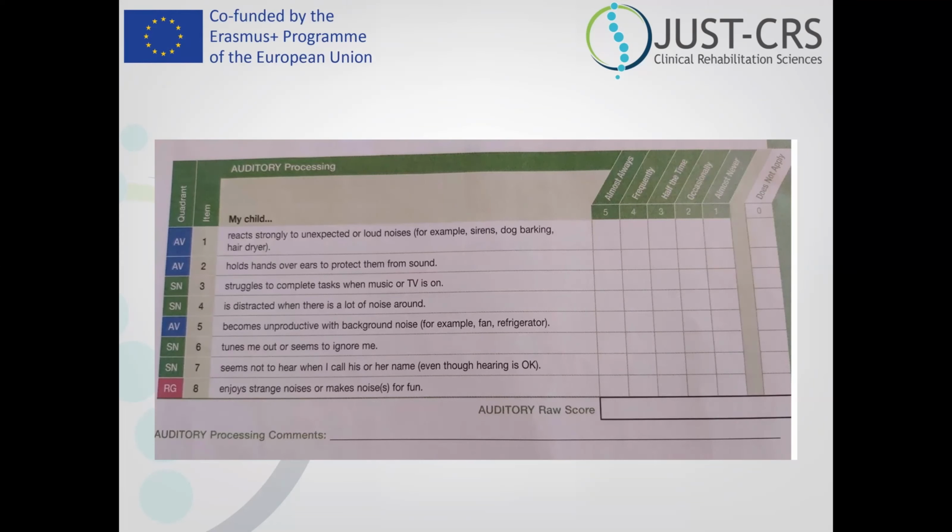It seems like the child would make noises or enjoy strange noises, not avoid these noises. And items 3, 4, 5, 6 are related to the sensation sensitivity quadrant.